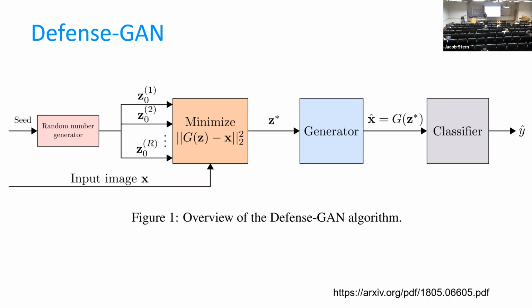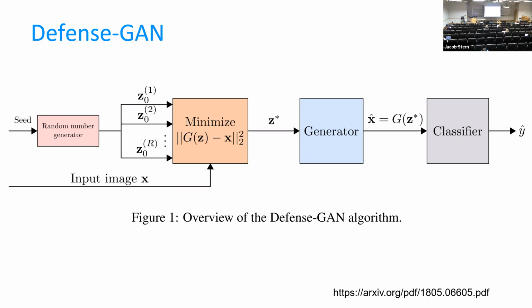Any ideas on why that might work? Because we're still training it to classify real images, it just has those slight noise changes that we see as perturbations.